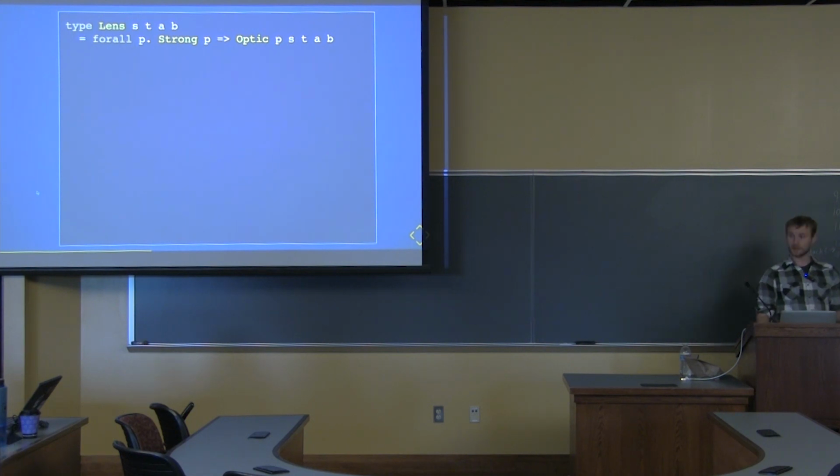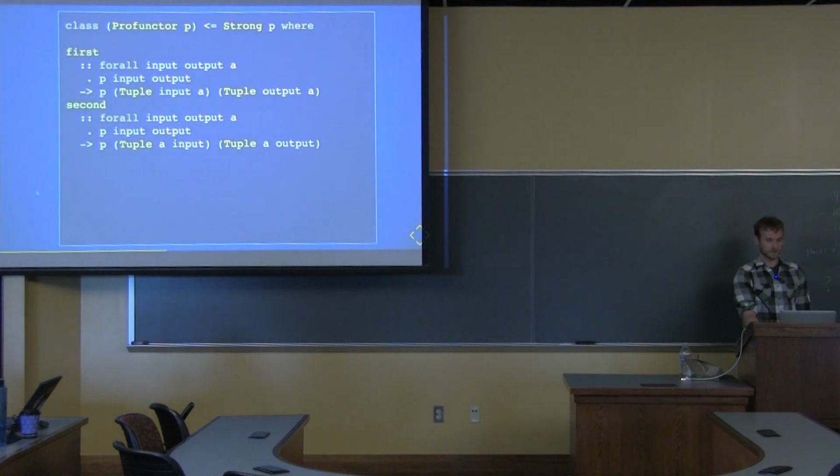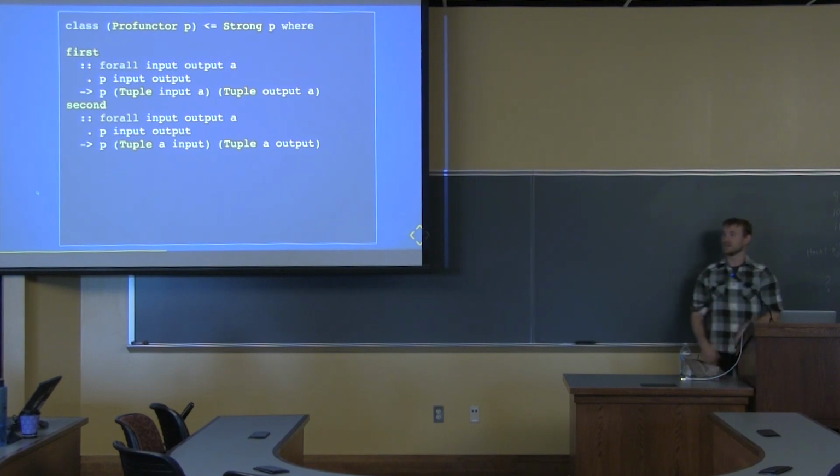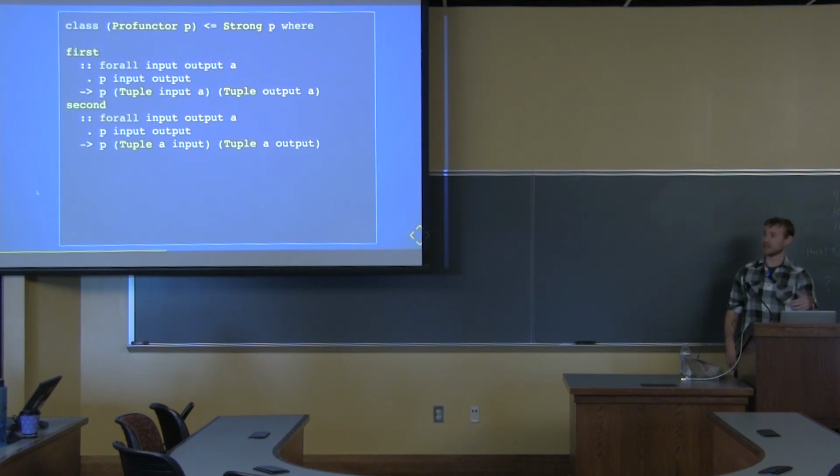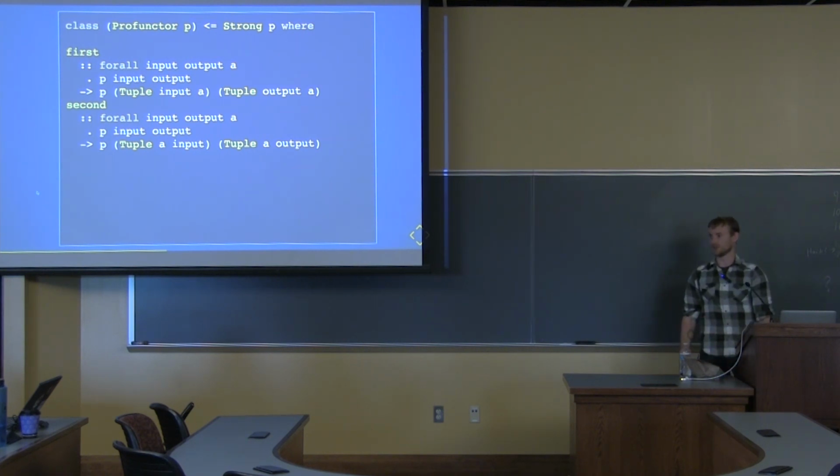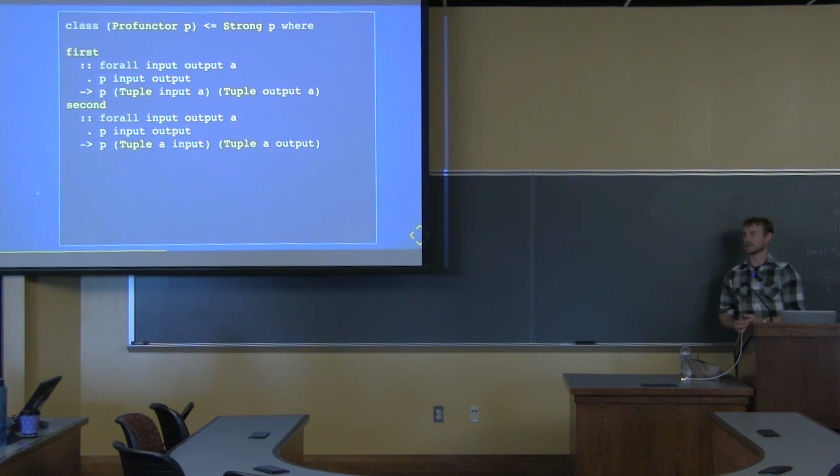And why is that first and second function from the strong type class? Why is that necessary in order to implement this? We will see that as we continue to dive deeper, once we show the implementation of lens prime, that's where first is used. We have used tuple, which is presumed by that constraint, like the output.